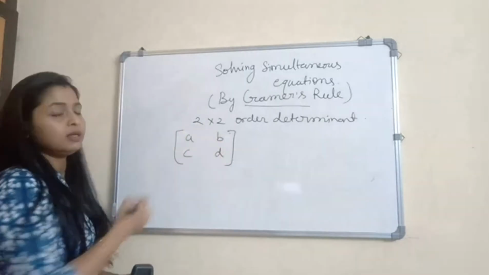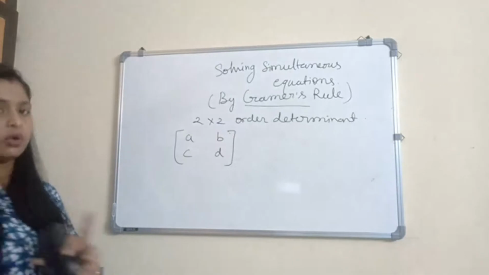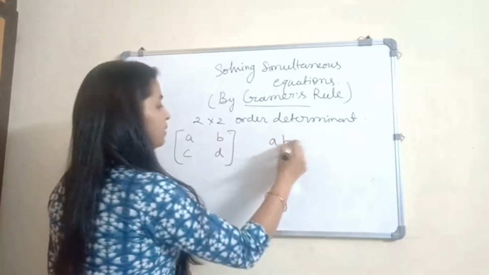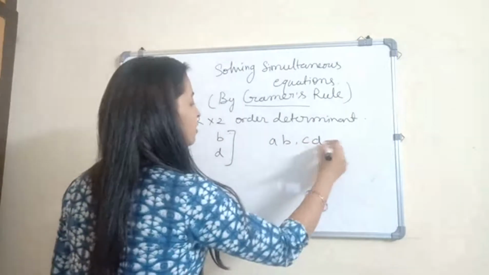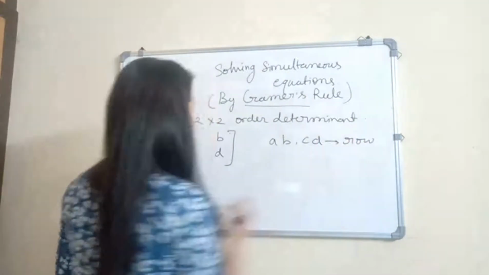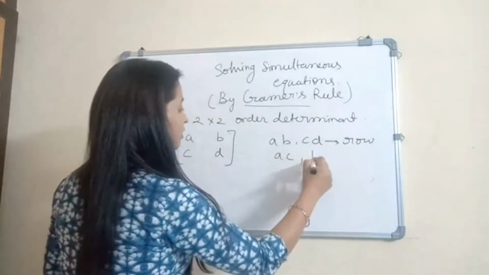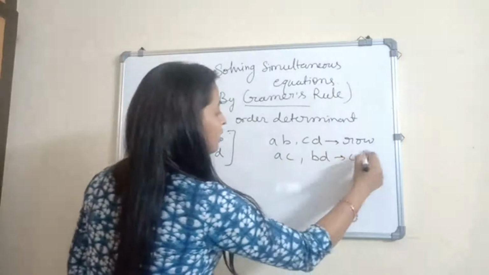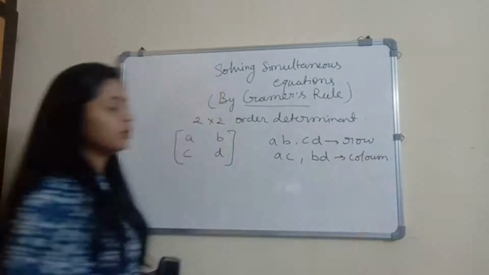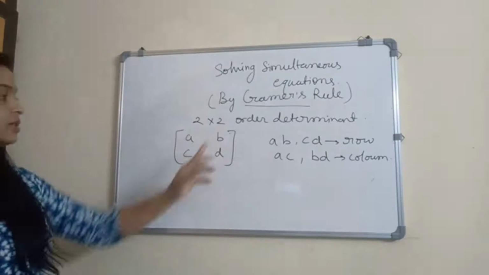This 2 by 2 order matrix carries two rows and two columns. a, b and c, d are my rows, and a, c and b, d are my columns. So a 2 by 2 matrix is given.